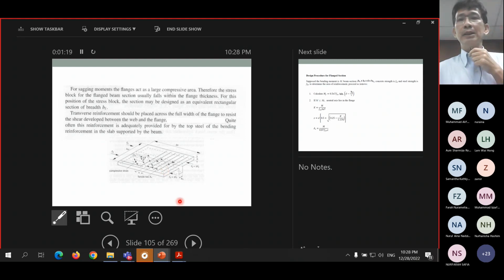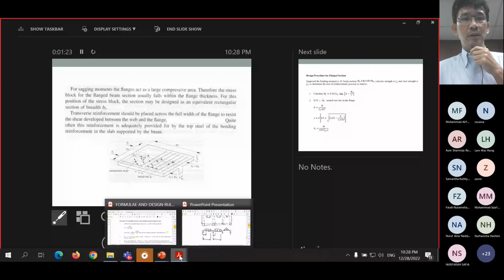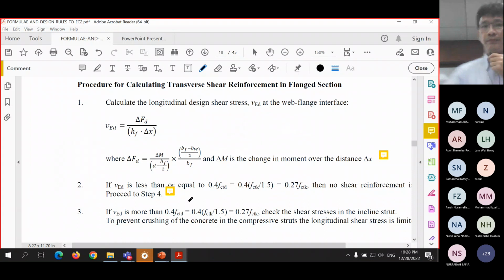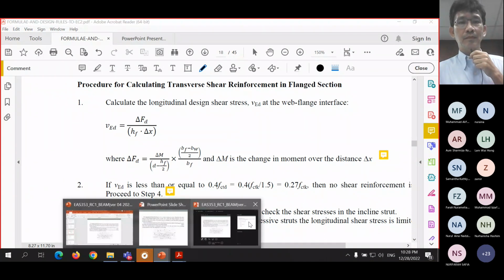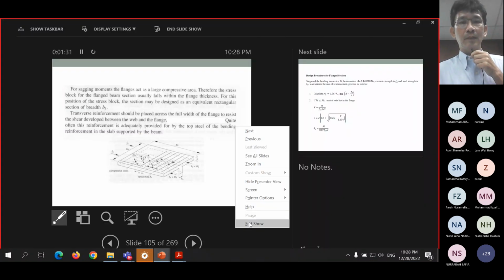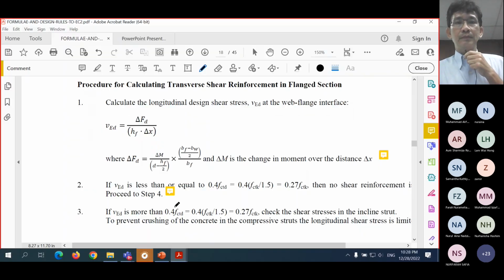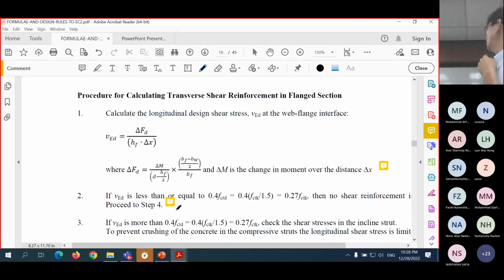And the steps are quite complicated. So this is the procedure for calculating transverse shear reinforcement.